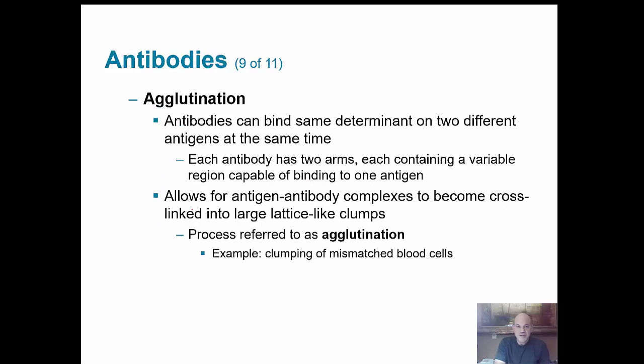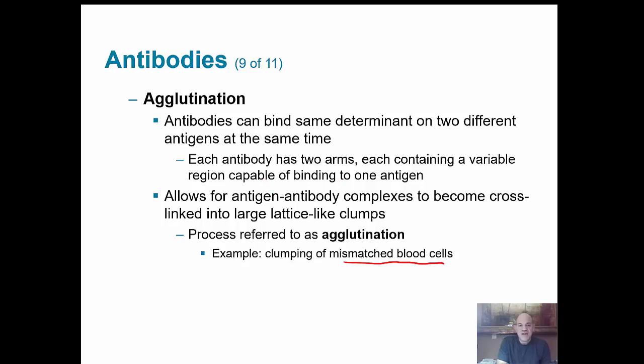And then we have agglutination. And agglutination we've seen before in cases of mismatched blood given during a transfusion. Here the antibodies can bind the same determinant on two different antigens at the same time. Each antibody has two arms, each containing a variable region capable of binding to one specific antigen.